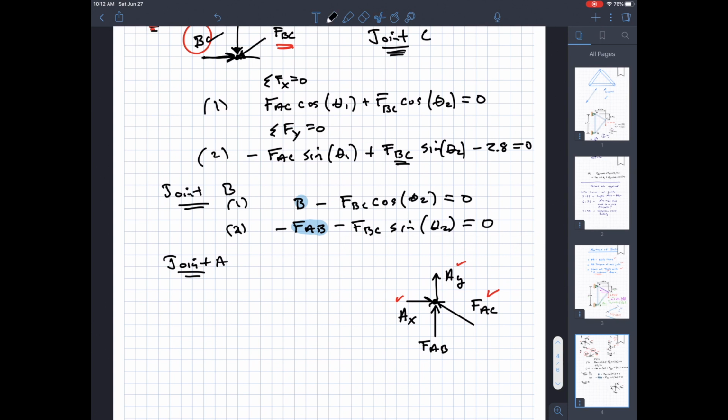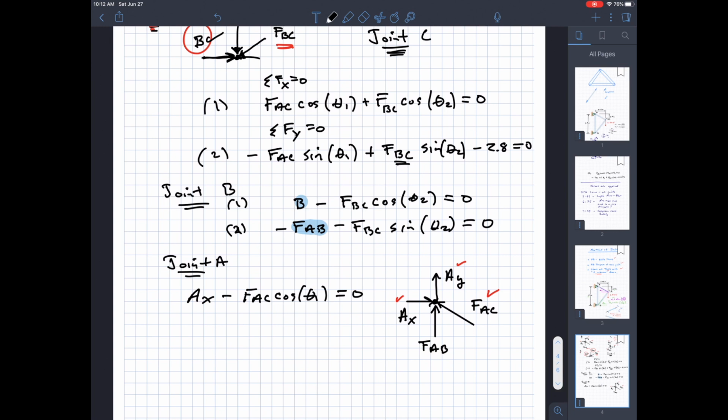Sum of forces in the x direction, I have AX. I have minus FAC cosine theta 1. And those are the only two forces in the x direction.